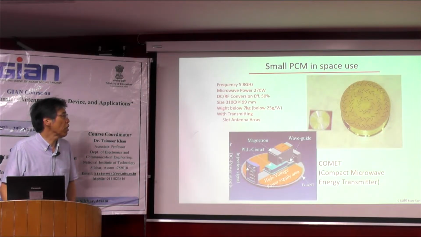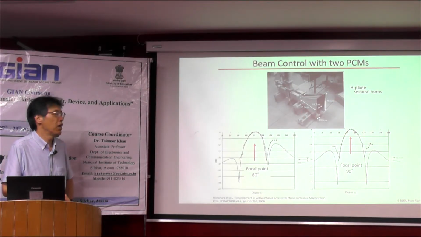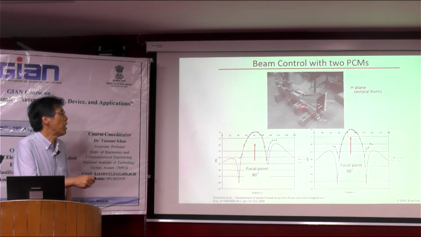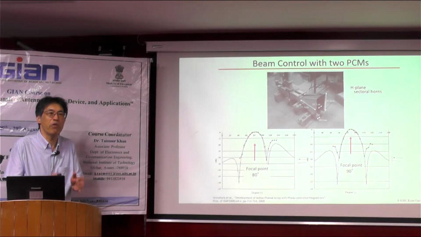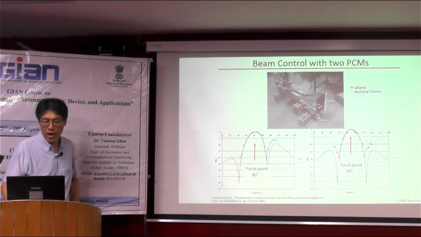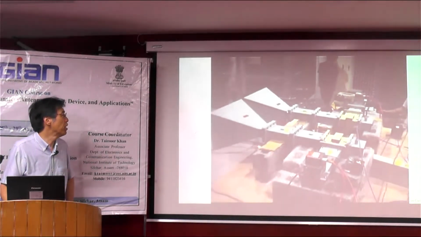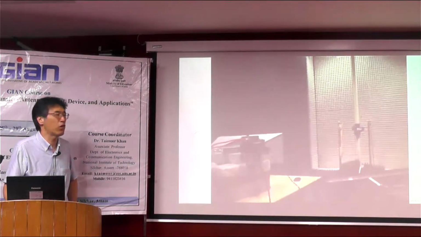With the help of this technology, at first, we demonstrated the phased array with two magnetrons. Theoretically, we can control the beam direction with at least two elements. Here you can see we control the beam direction at a 90-degree focusing point and an 80-degree focusing point. And this is a demonstration movie of the developed two-element phased array antenna with two magnetrons.